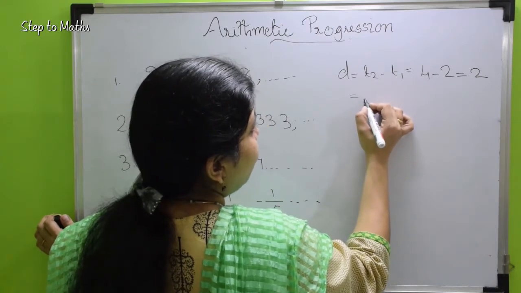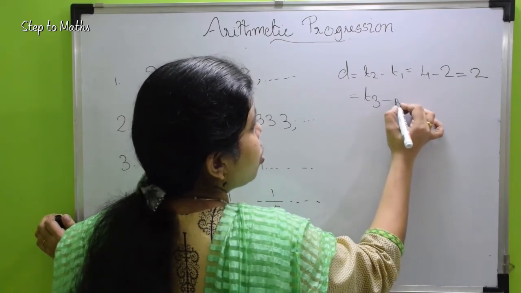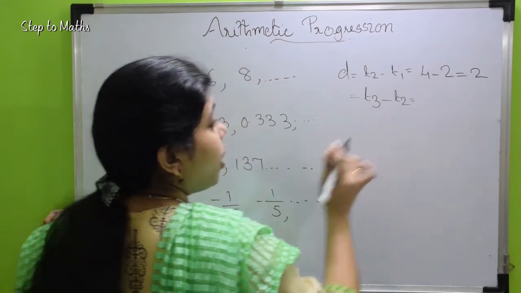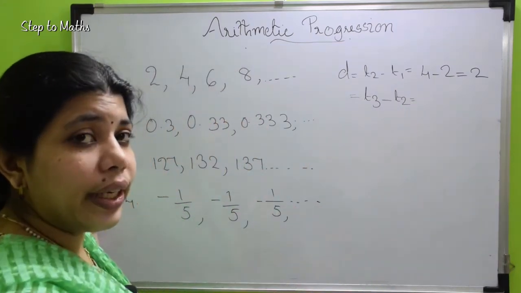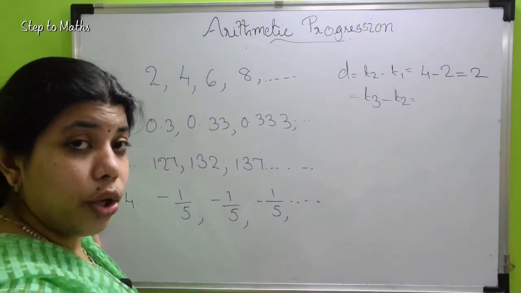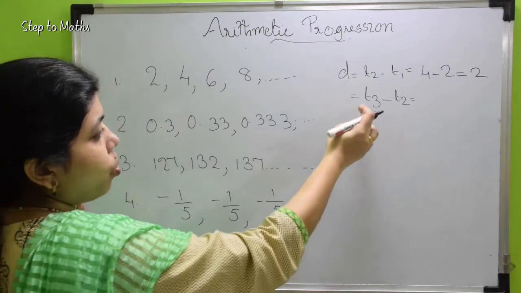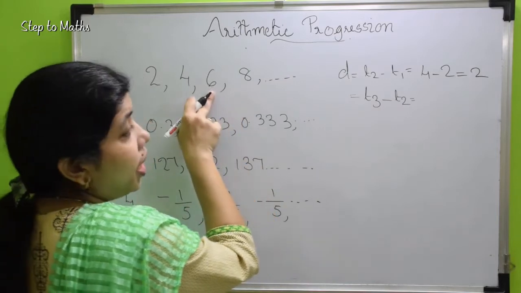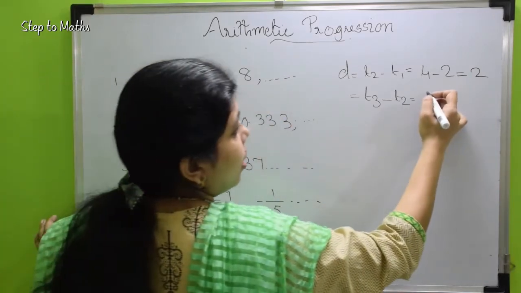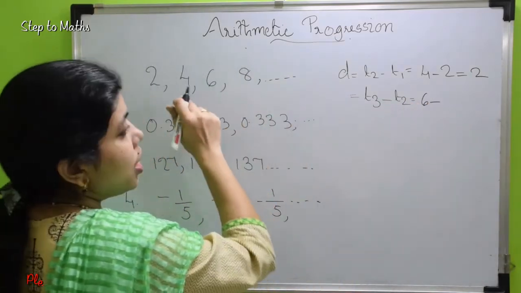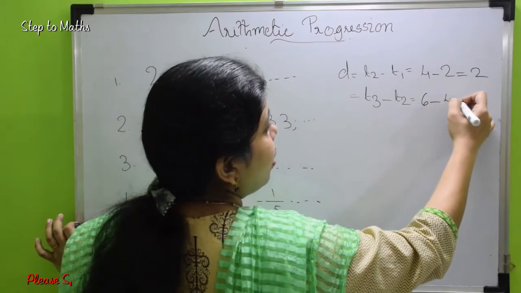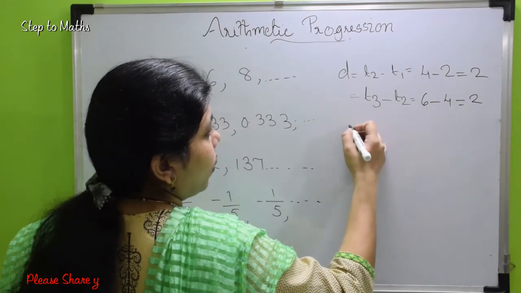Now check with T3 minus T2. If the difference between consecutive terms is constant, then only that sequence is in arithmetic progression. So T3 minus T2. T3 is 6. 6 minus T2, which is 4. 6 minus 4 is also equal to 2.